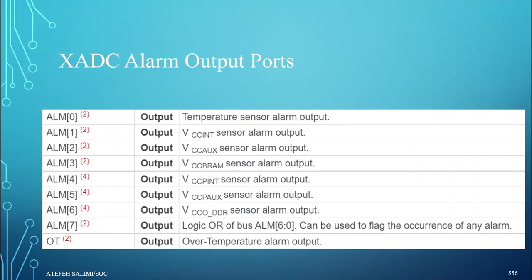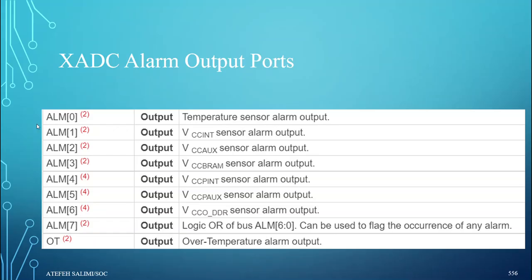The XADC is capable of generating multiple alarm signals. The table, which is shown in this slide, summarizes the XADC alarm output names, and describes the function of each alarm.